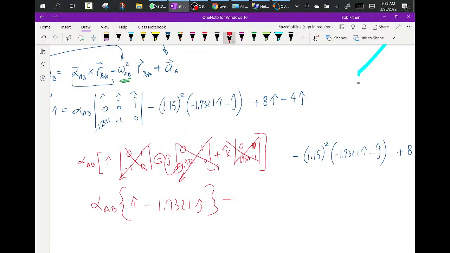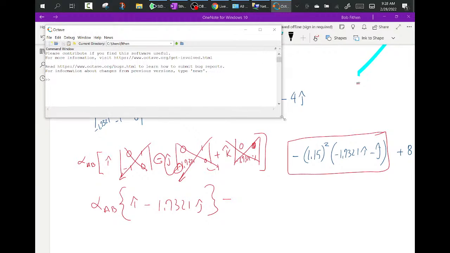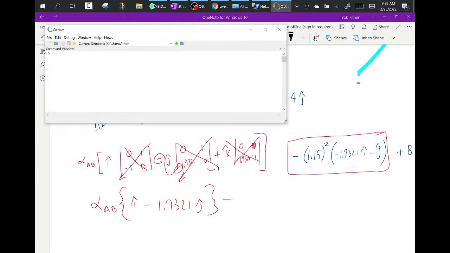Okay, so what I'm going to do is I'm going to subdivide this. I'm going to focus on this one for a second. So I'm going to focus on each one, and I guess what I'm going to do, I'm going to try to use this to calculate it, and that's going to be 1.15 squared first times 1. Well, I'll tell you what I'll do. I'll do that, and then I'll multiply it times 1.7321.